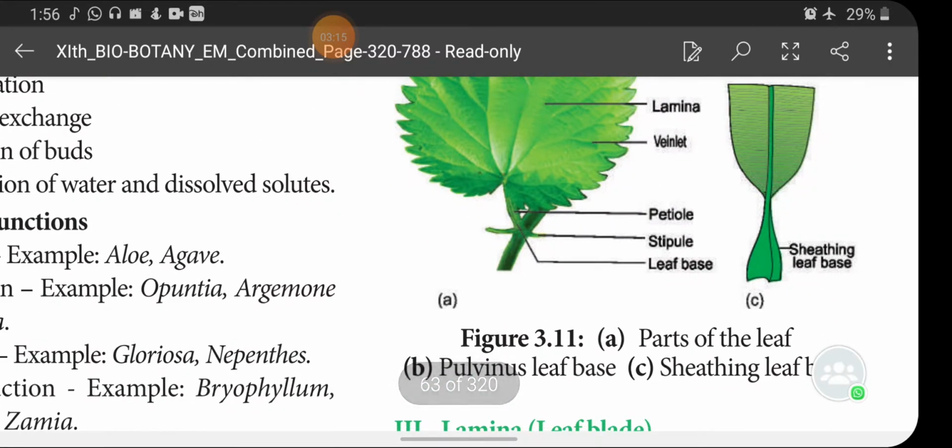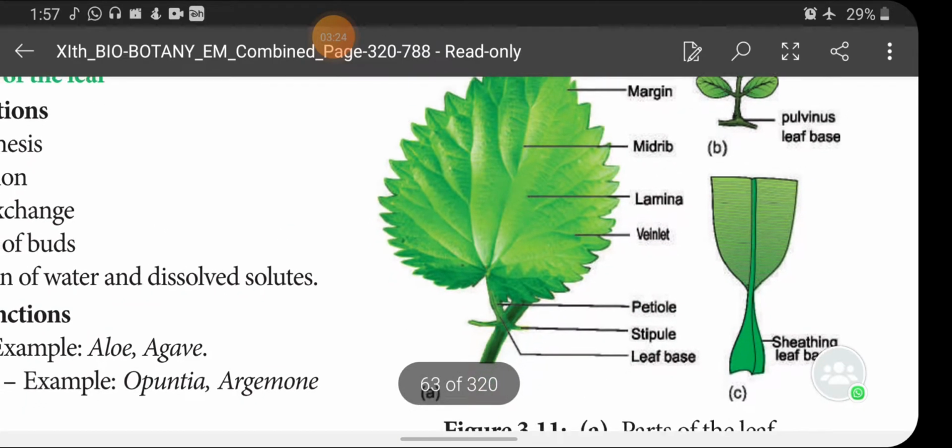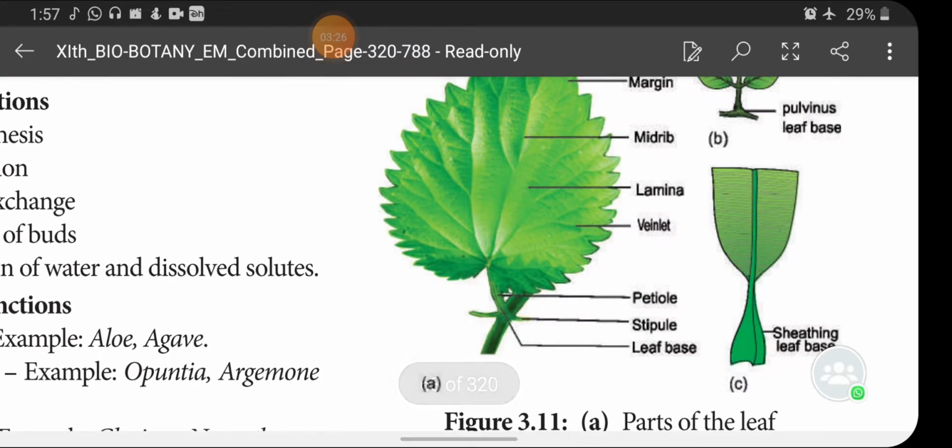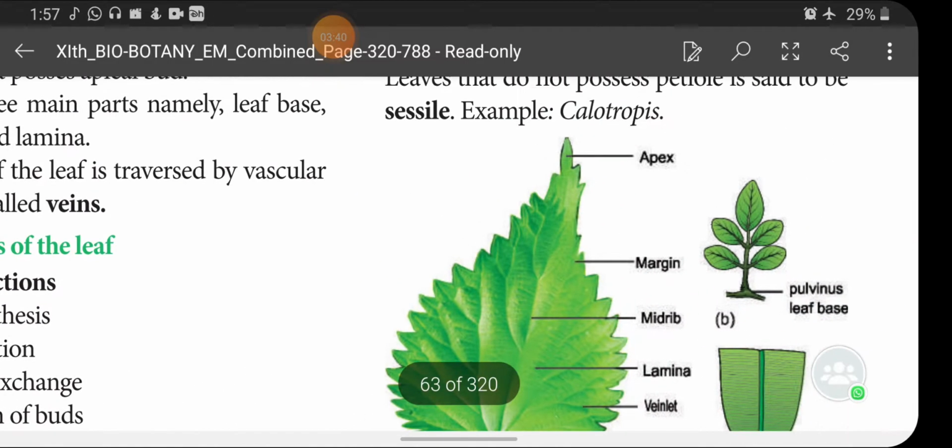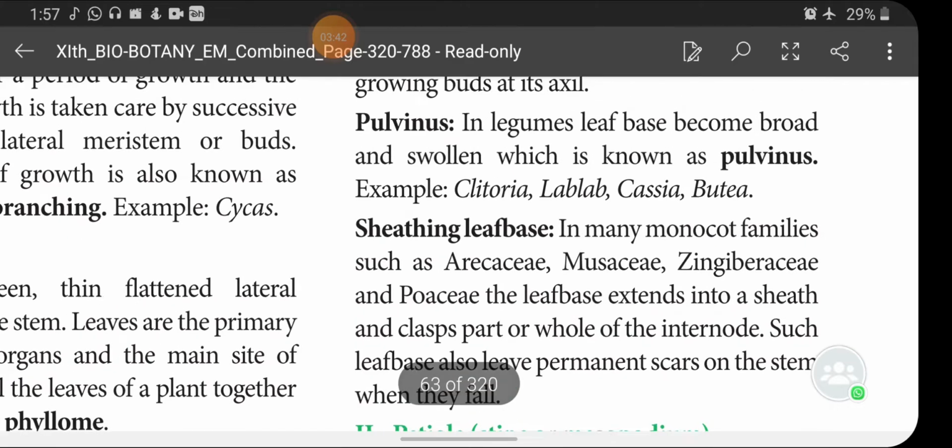See, you can see here what is leaf base, what is petiole, and what is lamina or leaf blade. The leaf base is by which the leaves are attached to the stem. The stalk of the leaf is called petiole, and another one is lamina. These are the three parts of the leaf.